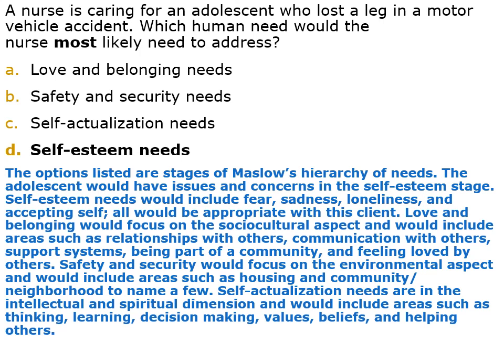Safety and security focuses on the environmental aspect and would include things like housing, the community, and the neighborhood. Self-actualization needs are in the intellectual and spiritual dimension and would include areas such as thinking, learning, decision-making, values, beliefs, and helping others.